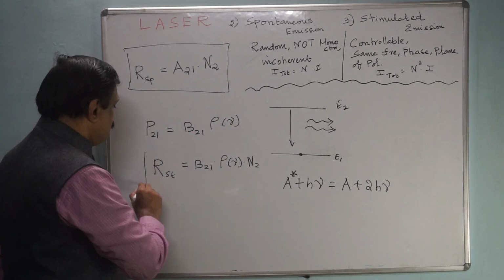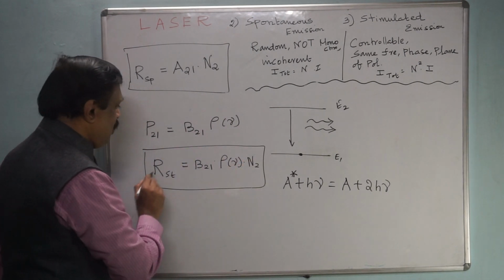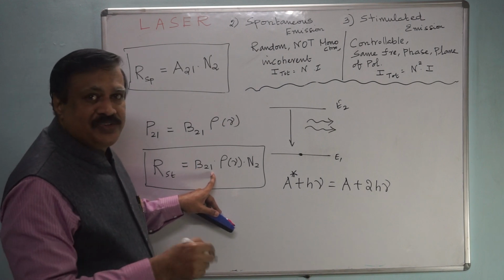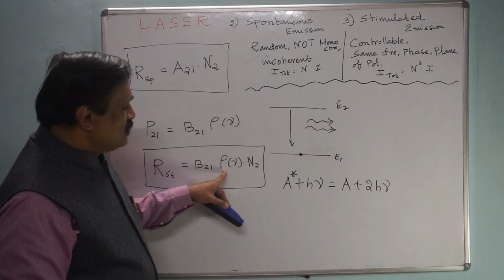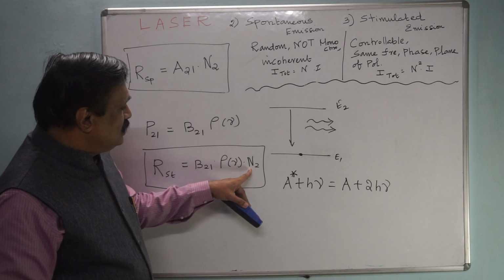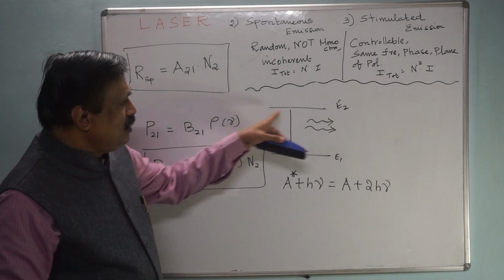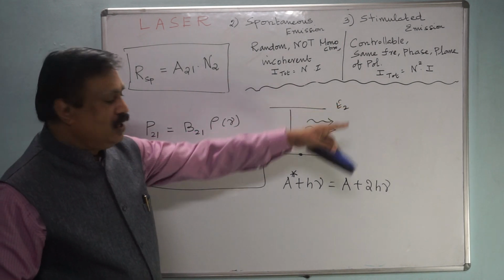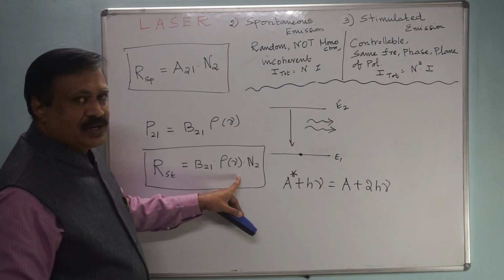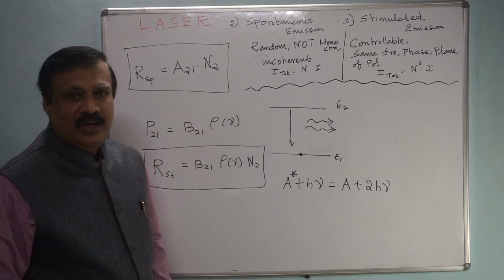This is the relation, and B21 is the Einstein coefficient, rho is the photon density, and N2 is the number of atoms in the second level. Now this is one important relation.